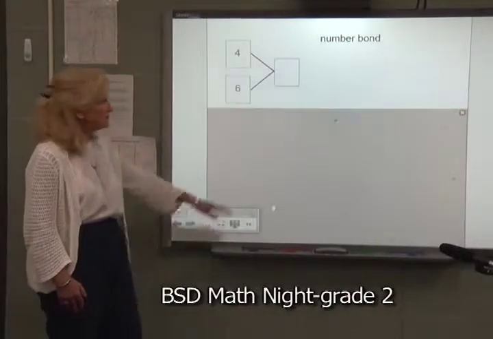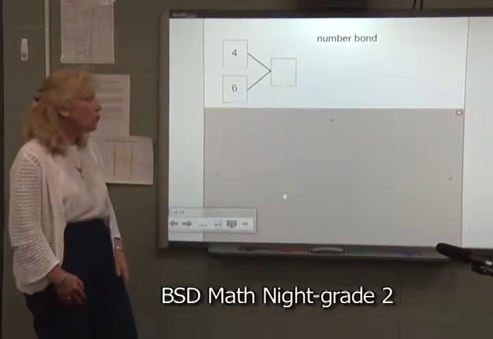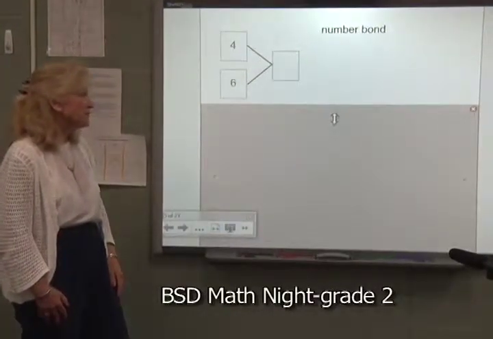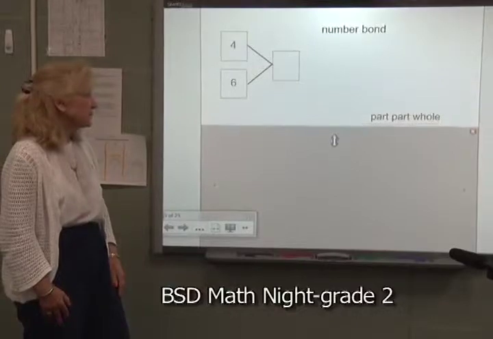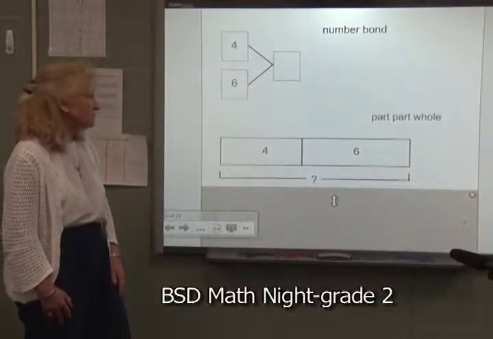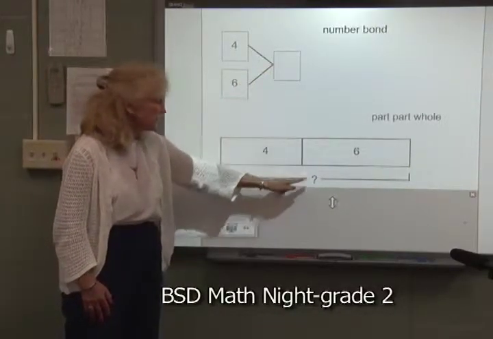This number bond, the result is unknown. We don't know what the whole is. Sally, what's our next thought going to be? A part-whole model. So here, the result unknown, the total.